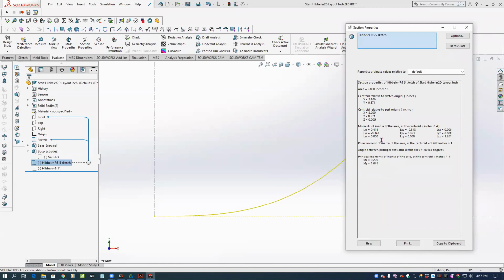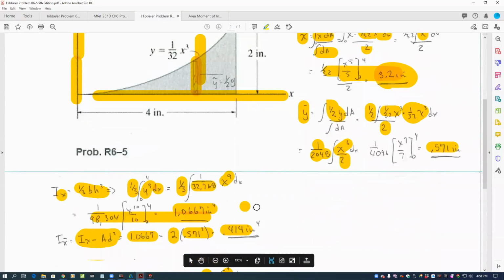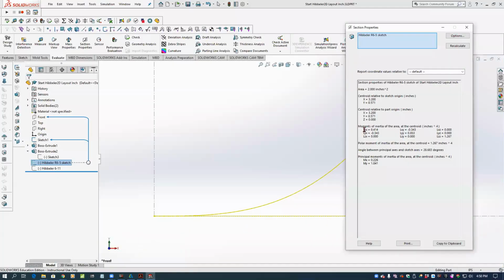Now, this moment of inertia with respect to the x-axis, this is at the centroid, isn't it? See, that's at the centroid. So if we check our values there, we got 0.414. And again, we have to move it from the x-axis to the centroid to get the same values that we get here in the CAD system.